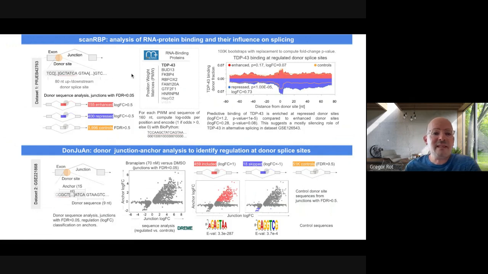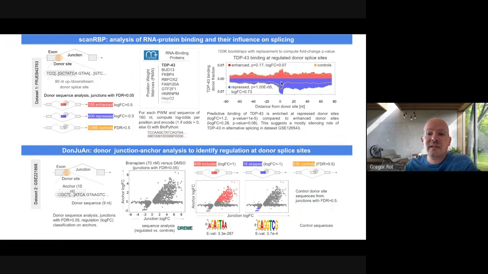And then we take splicekit and we take the junctions, we identify the differentially used junctions, and we take the donor sites of the junctions and the 80 nucleotides upstream and downstream of the donor sites, and we classify these sequences into enhanced, repressed, and controls based on FDR and log-fold change. And then we take these three sets of sequences and we plot the binding prediction for TDP43 again, in this case.